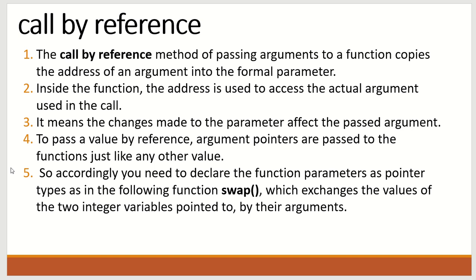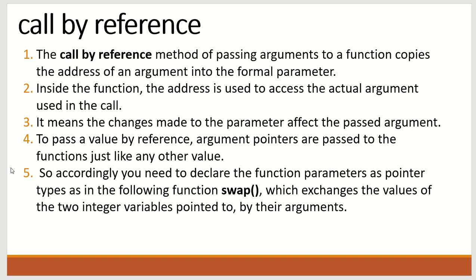The call by reference method of passing argument to a function copies the address of the argument into the formal parameters. That is the first point. Inside the function, the address is used to access the actual argument used in the call. It means the changes made to the parameter will affect the passed arguments.